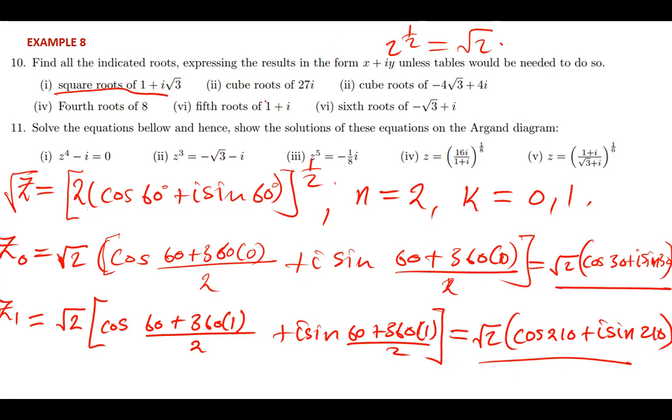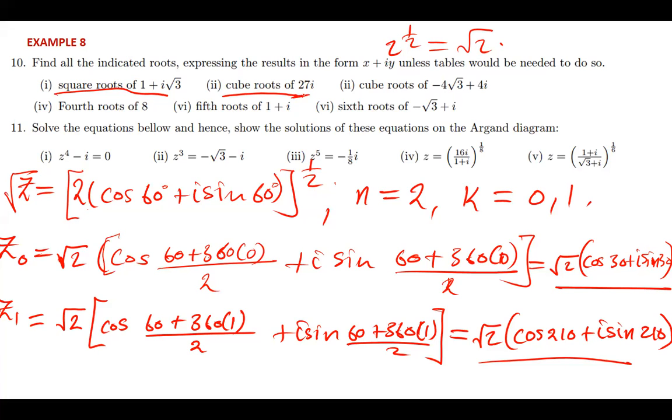For the cube root of this one, it means that you are raising this to the power 1/3. Since you just have 27i, this shouldn't even be a problem. You just have to find the magnitude of this complex number, which you find to be 27, and then the angle, which is the argument of this complex number, which will be 90 degrees.